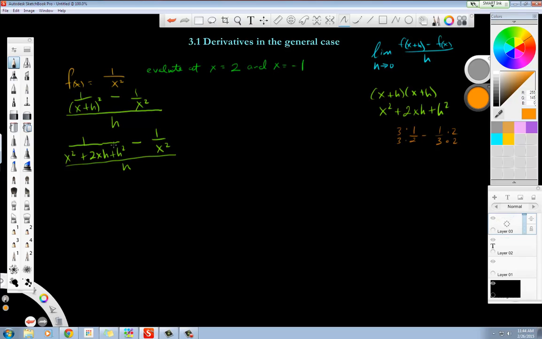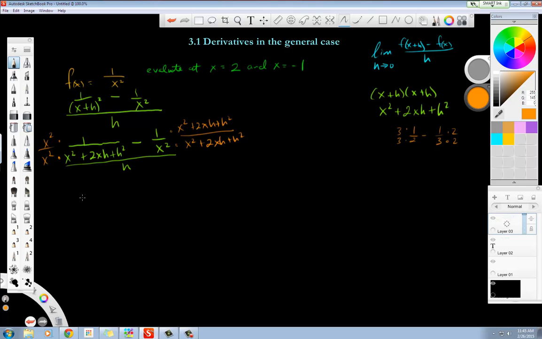So I want to do that same process over here, except I want to multiply this one by x squared plus 2xh plus h squared on the top and the bottom. And there it is. And then over here, I want to multiply this one by x squared on the top and bottom. Essentially multiplying each side by 1, because that's the same thing.